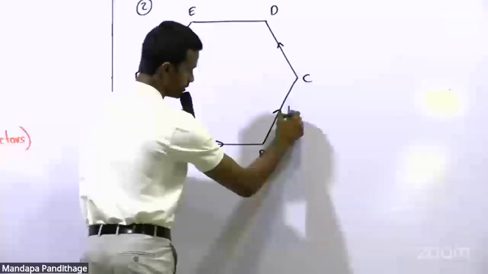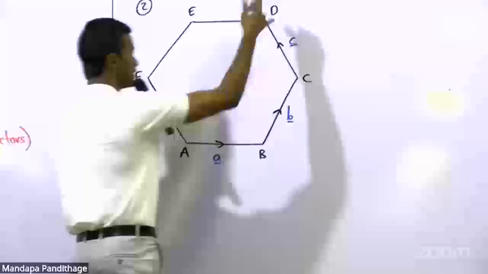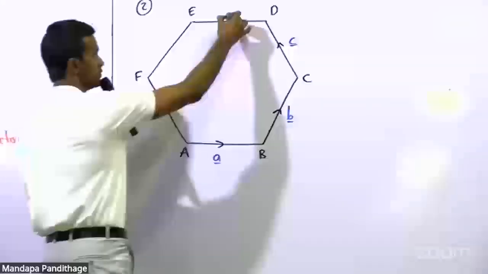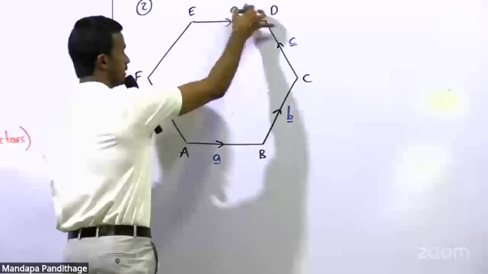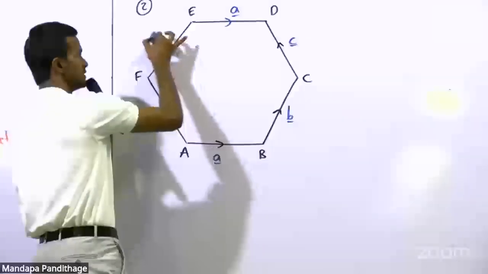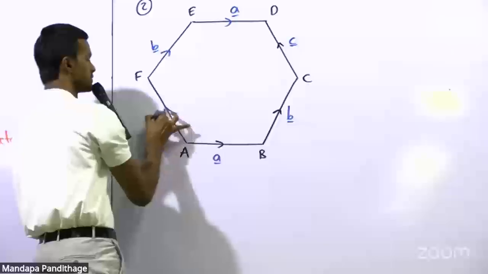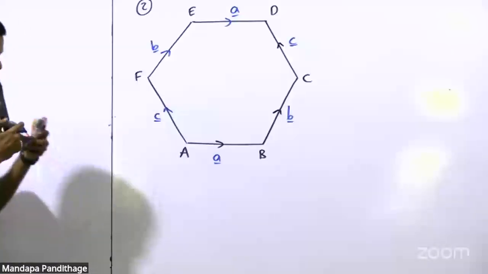First, write all the vectors that you can easily write. So if this is A, this is also A. If this is B, this is also B. If this is C, this is also C.